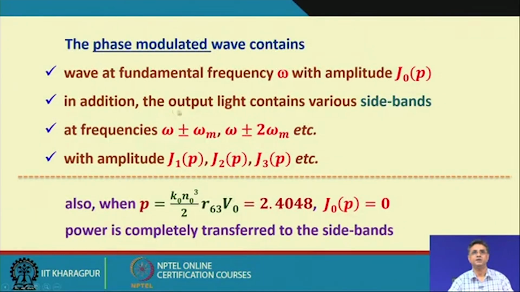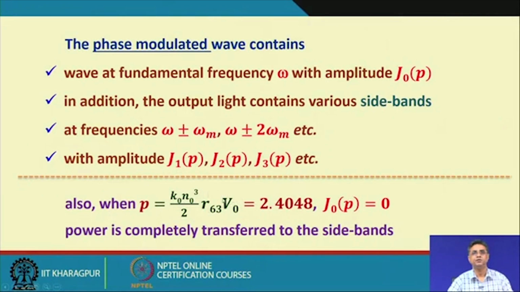So, that is what is there, that the output light contains various side bands at frequencies omega plus minus omega m, and so on and so forth, with amplitude J 1 p, J 2 p, J 3 p, etc. And also the value of p is known by knowing this k 0, twice pi by lambda for a given wavelength, n 0 the ordinary refractive index, that is also known.